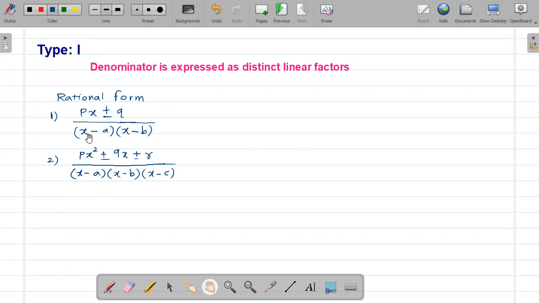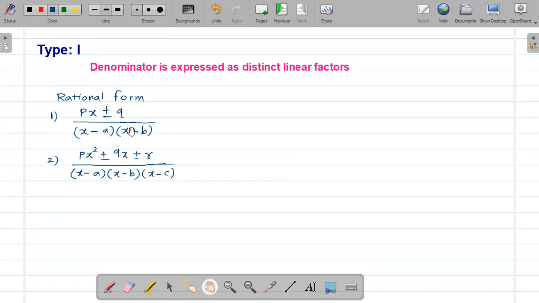So this is a proper rational form because the degree of the numerator is less than the degree of the denominator. But the quadratic is factorized into two distinct linear factors, say x minus a and x minus b. Why is it called a linear factor? Because the degree of x is 1. If the degree of x is 1, then it is called a linear factor. So the factors of the denominator are x minus a into x minus b.